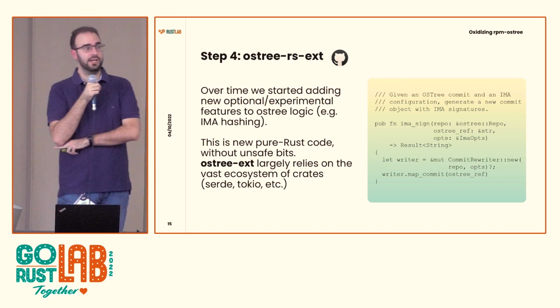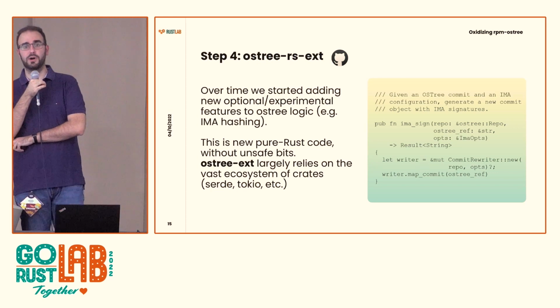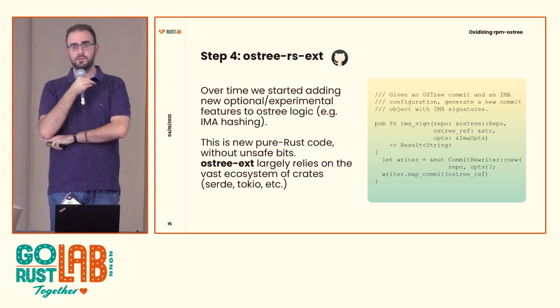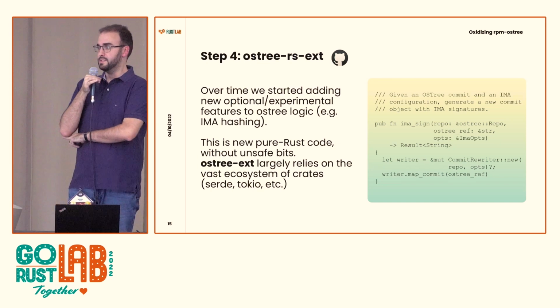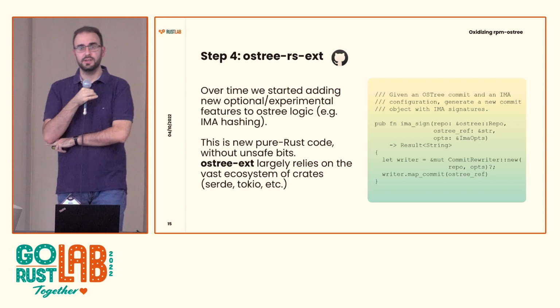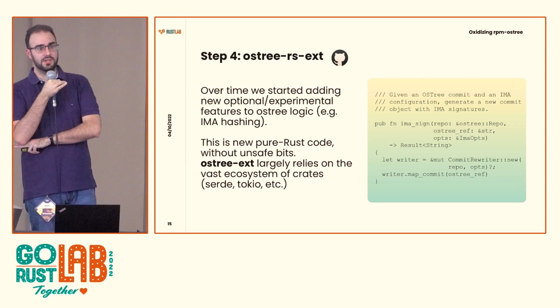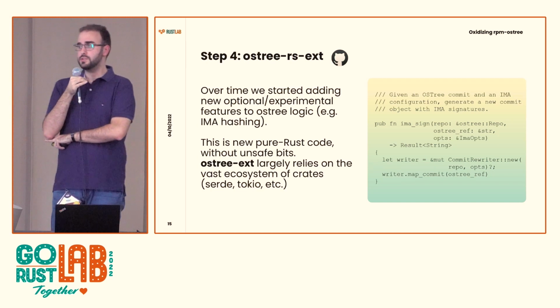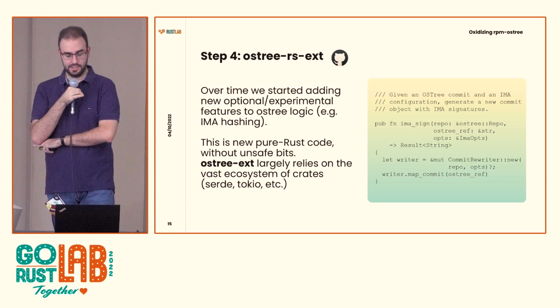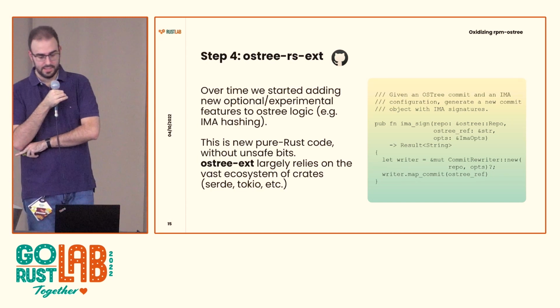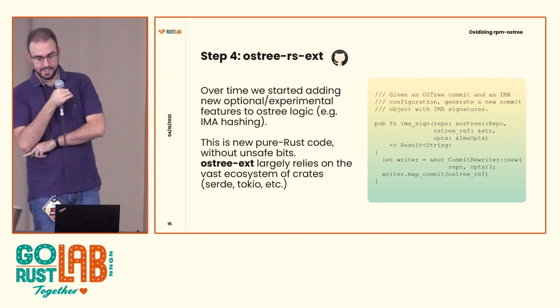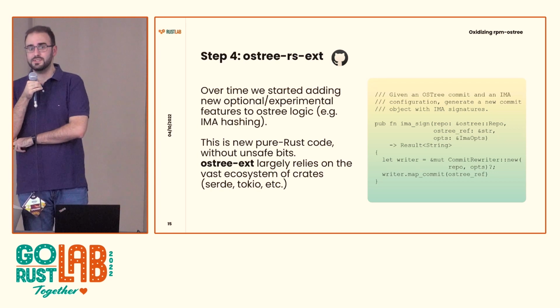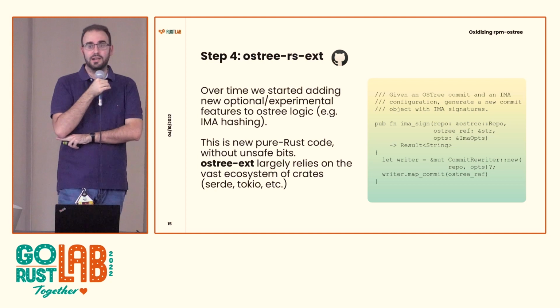And here we are really starting to unlock the power of the Rust ecosystem, which means we can use serialization and deserialization through Serde, without having to link to some system library or things like that. We can use asynchronous code using Tokio or any other async runtime, and so on and so forth. And that's great. This improves our developer lives a lot.